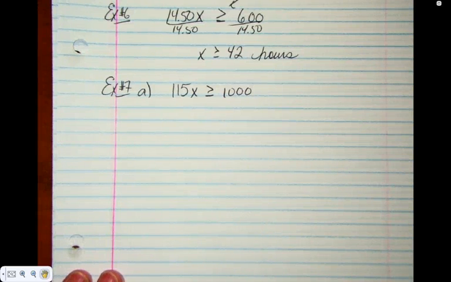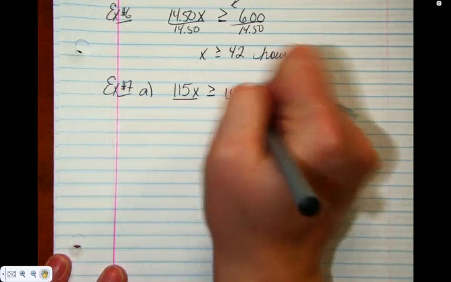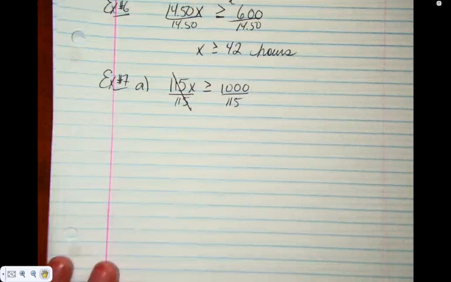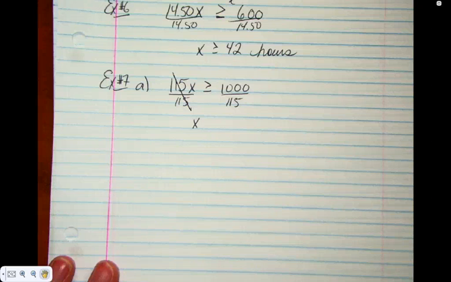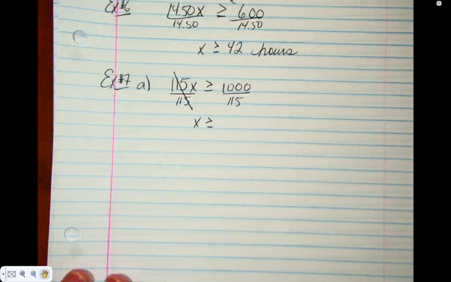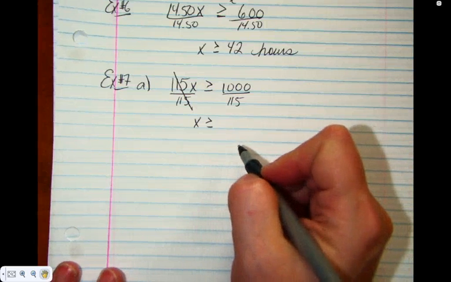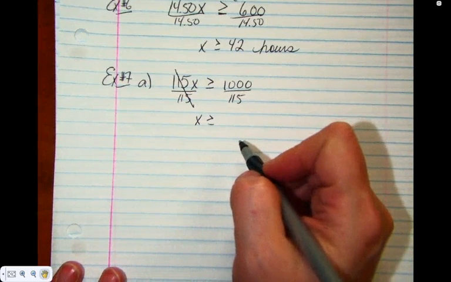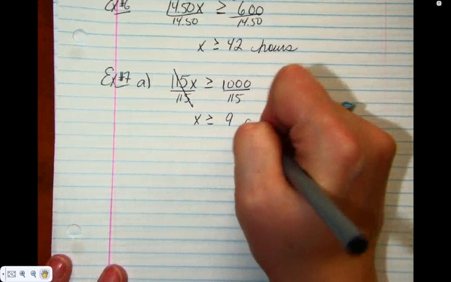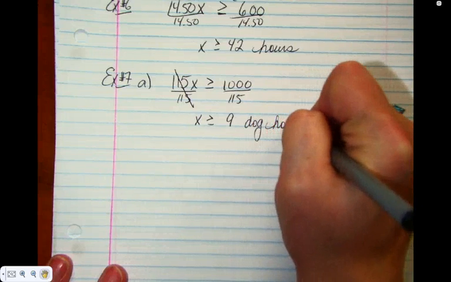How do we solve for x? Flip or no flip? Why no flip? Not dividing or multiplying by a negative. 8.7. Can't really make 0.7 of a doghouse. You could. Yeah, no one's going to buy that. I'd have 9.